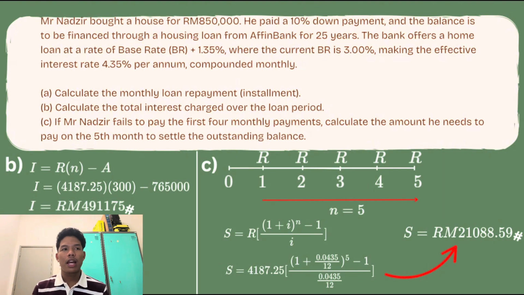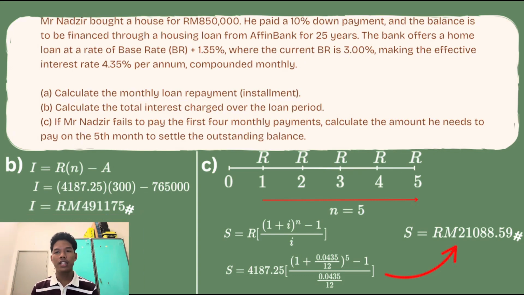Next, C. If Mr. Nazir failed to pay the first 4 monthly payments, calculate the amount he needs to pay on the 5th month to settle the outstanding balance. The solution is as shown on the timeline: for the first 4 months, he failed to pay the balance payment, but for the 5th month, he wants to settle the outstanding balance.